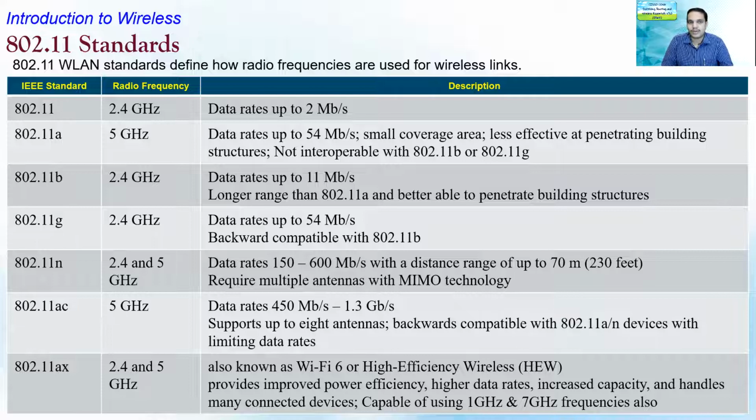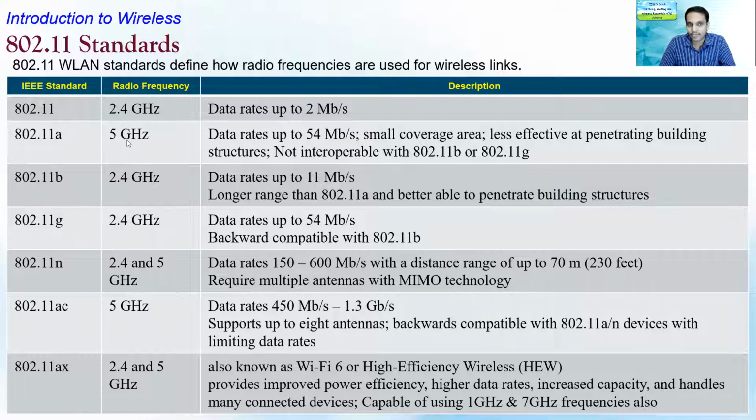You can see here the evolution, the data rates keep increasing. The original 802.11 standard worked at 2.4 gigahertz, with data rates of only 2 Mbps. Then came b, which bumped up the data rates to 11 Mbps.